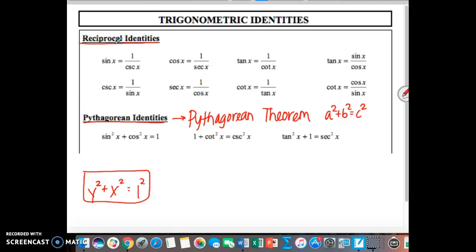We can derive the other two Pythagorean identities. The first one is just by dividing each term by sine squared of x, and the second one we get by dividing by cosine squared of x.